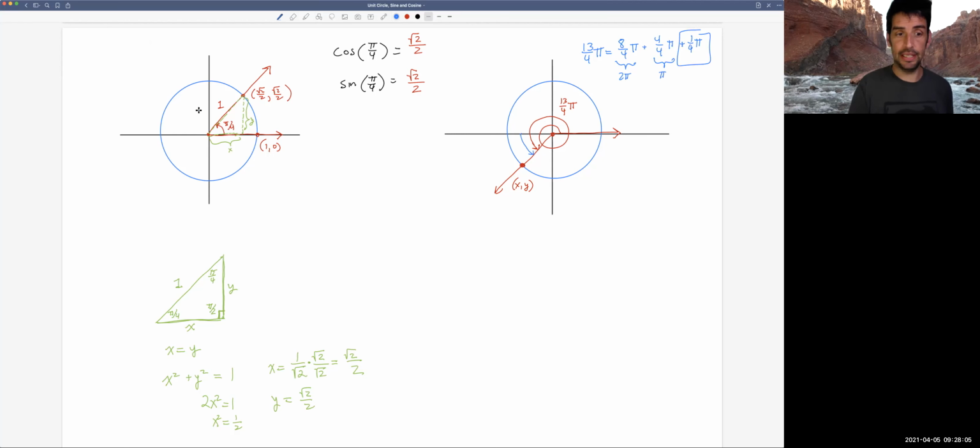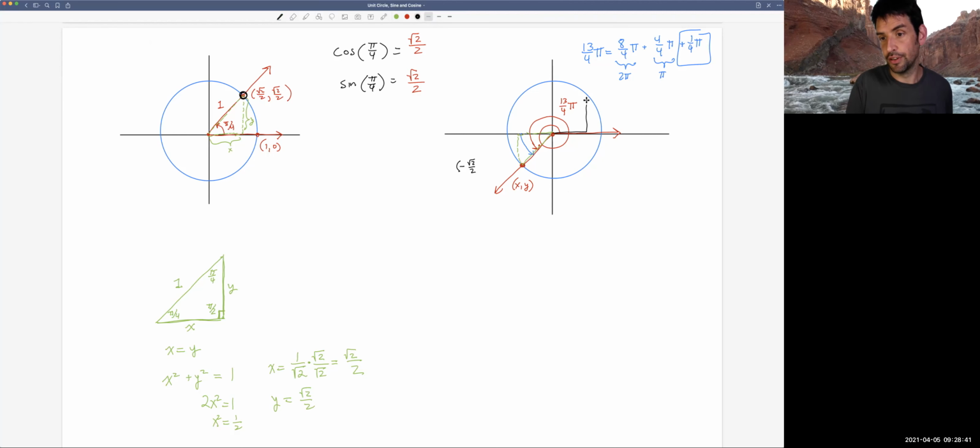Means that the shape in here is exactly like the shape we just did. In other words, I can draw that green triangle I had over there, I could fit it in right over here. And even though I've moved it around, it's going to have all the same geometry of the triangle that we had when we had it in the first quadrant, which means the distances are the same, they're just in a different direction. And so this coordinate point where we intersect is going to be negative √2/2, right? Instead of being in the positive.